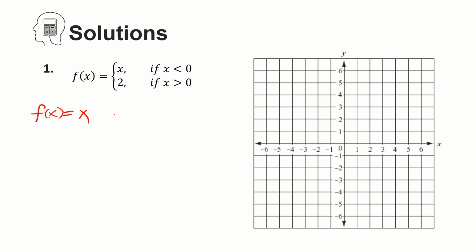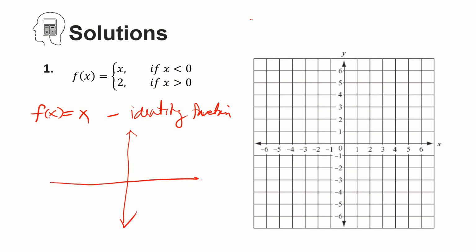So f of x is equal to x is an identity function. So we know that the graph of an identity function is a diagonal line which passes through the point of origin. If we have here our Cartesian plane, so this is 1, 2, 3.